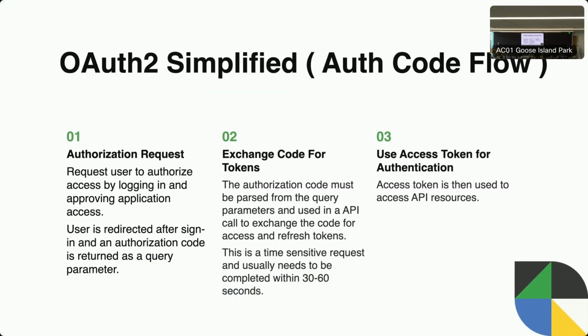The user is then redirected to a hosted page of some sort where that code will be embedded in a query parameter in the URL we send you back to. That code gets extracted, and then we'll make an API call to request access tokens. And then we can take that access token and use it to access endpoints that we're authorized to, based on the scope of that access.